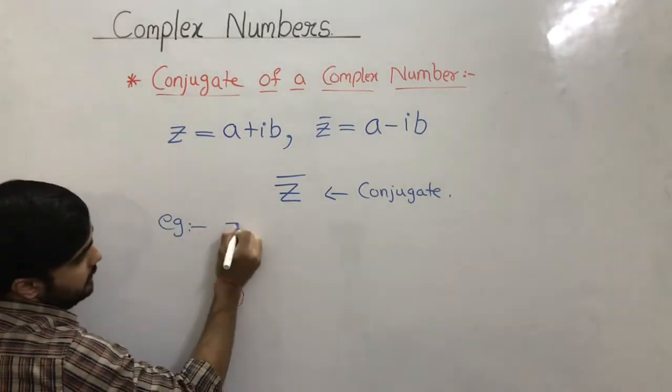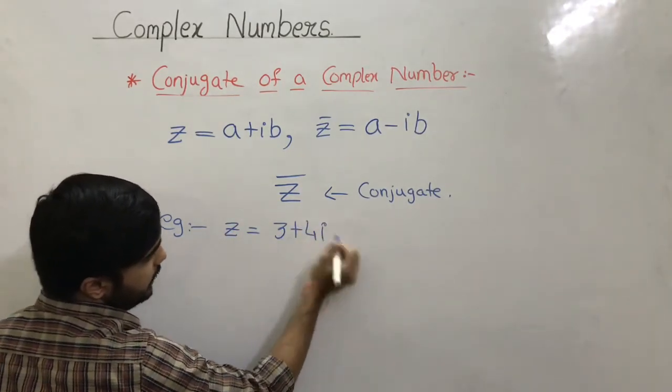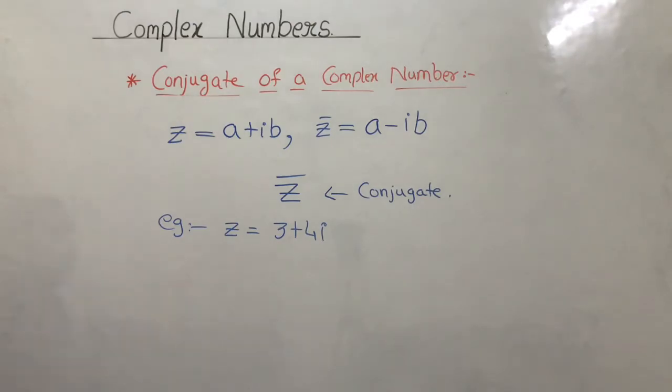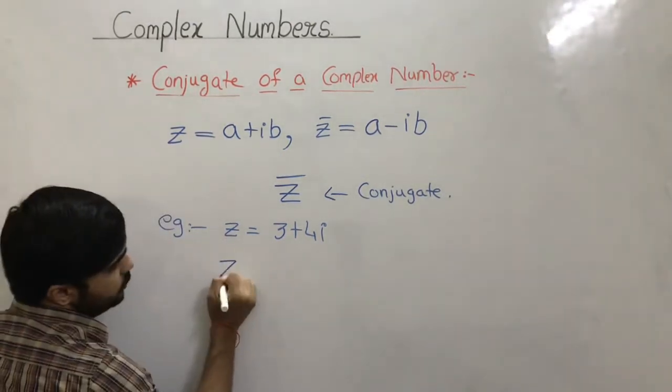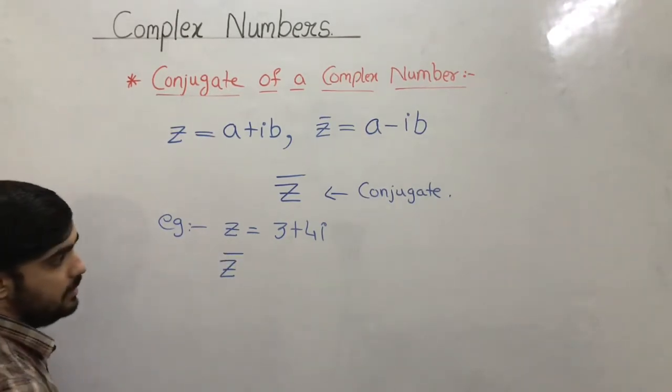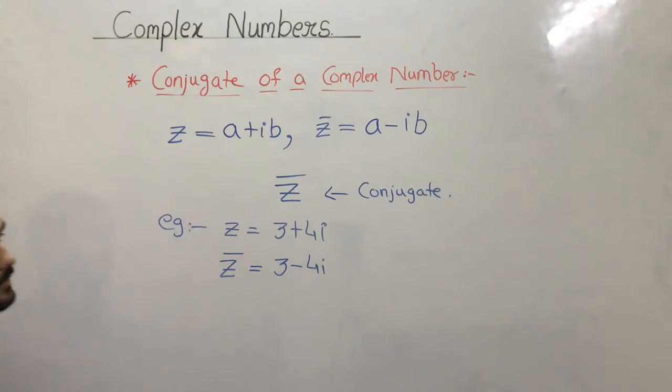If they have given z is equal to 3 plus 4i and they have asked to find the conjugate of this complex number, what will we do? Conjugate is nothing but z bar. So z bar will be 3 minus 4i.